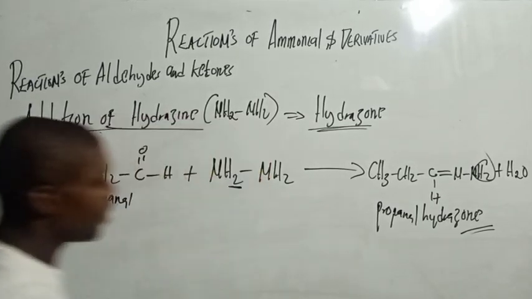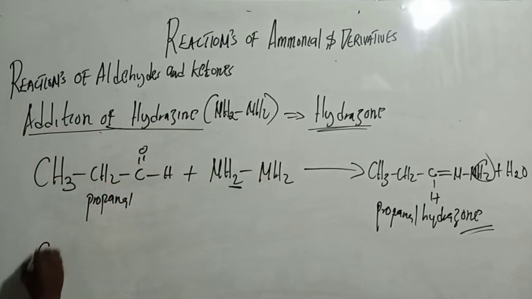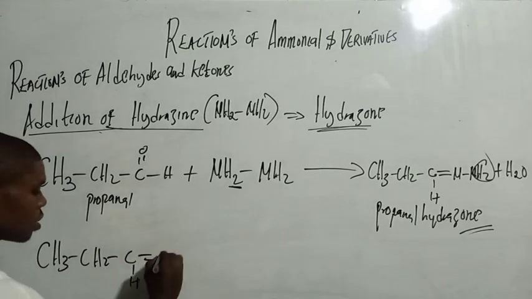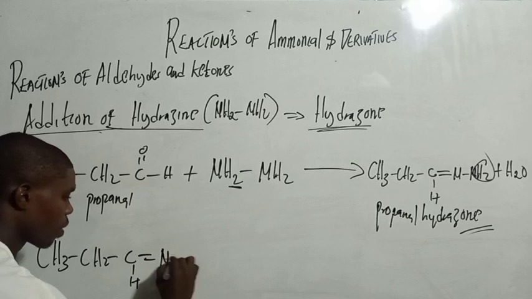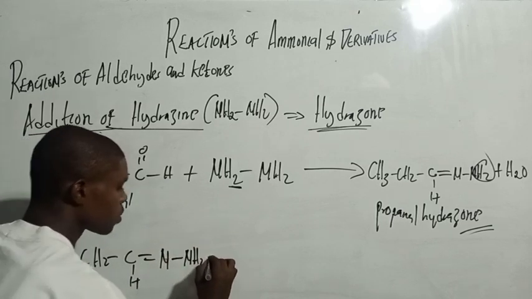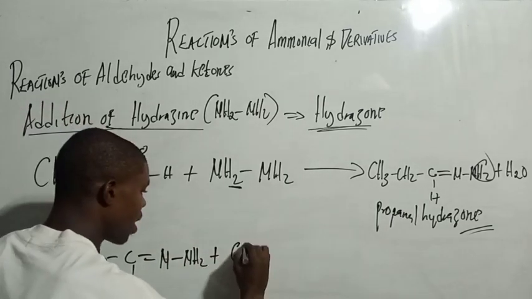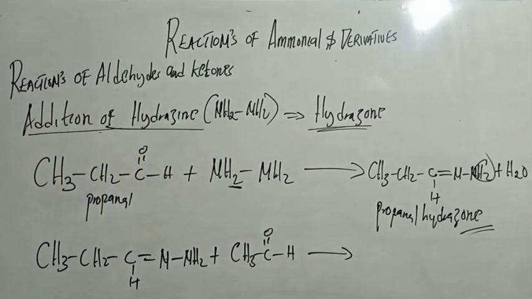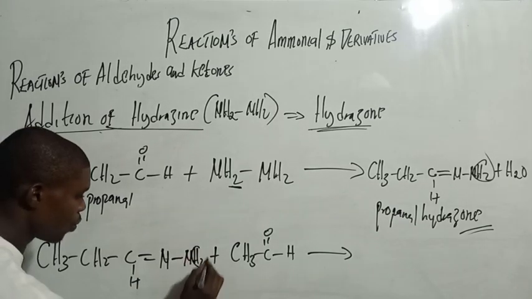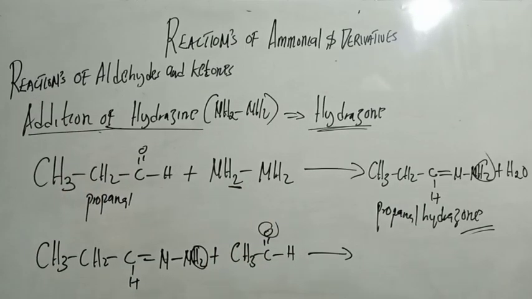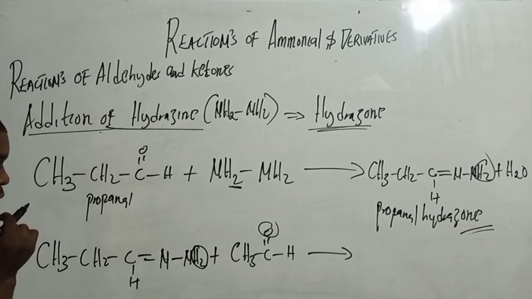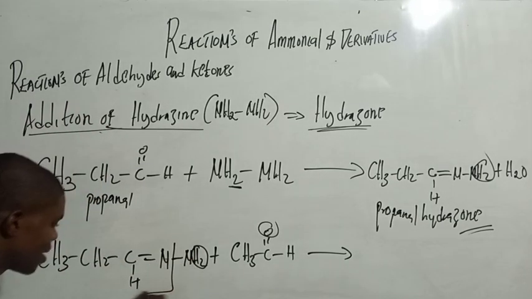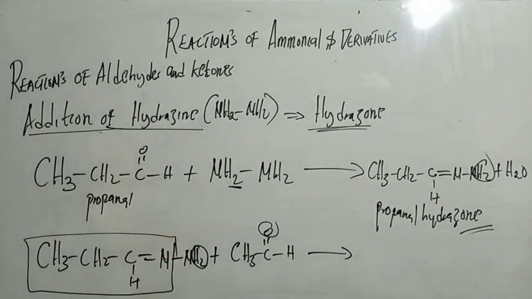So here, if you carry this one, CH3 here, CH2. Maybe we are using this one here. Let's use this. What happened here? These two will react with each other to form water. So remember, I didn't touch this end here. This one still remains the same.